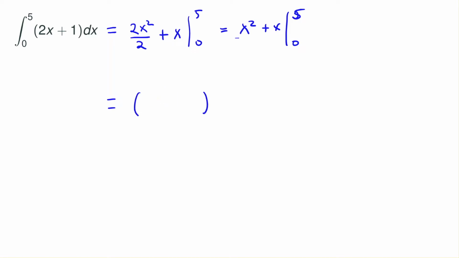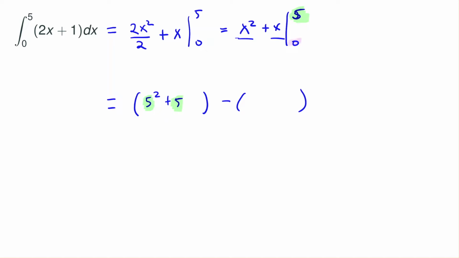So the first parenthesis, I plug 5. So 5 squared plus 5, minus, again I'm plugging 5 into x, both variables, and minus plug 0 here and 0 here.